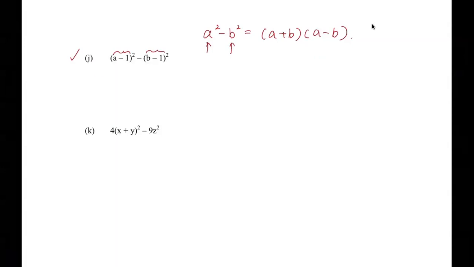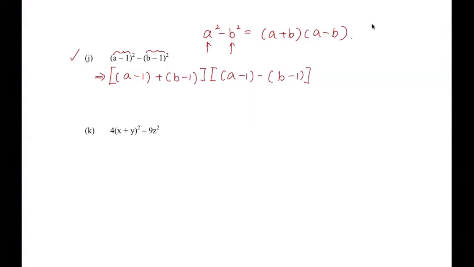So this expression can be written as (a − 1 + b − 1) times (a − 1 − (b − 1)).